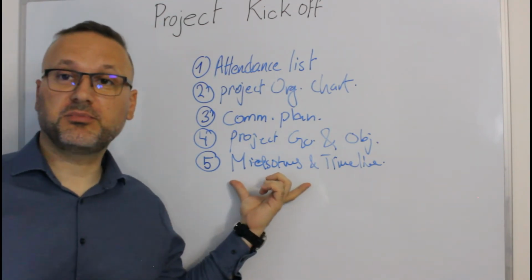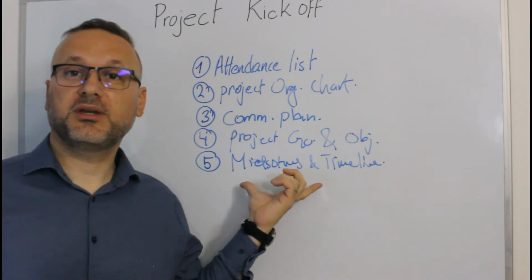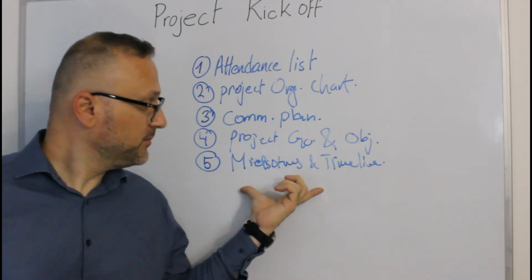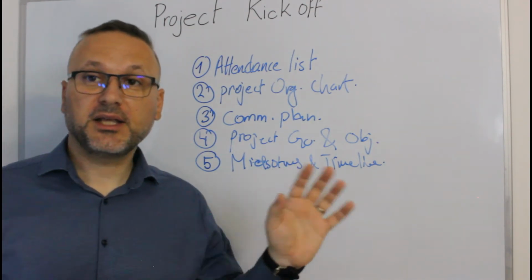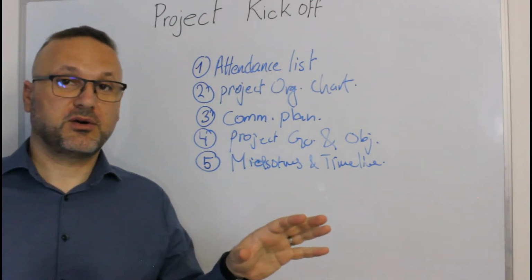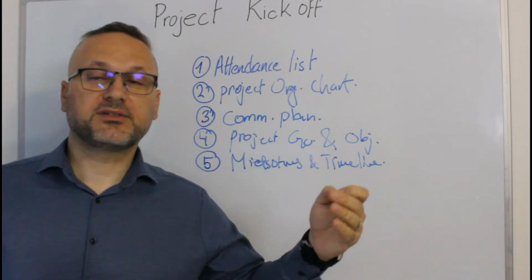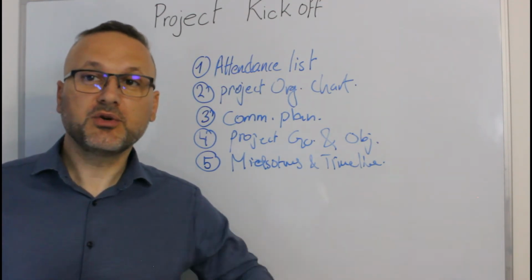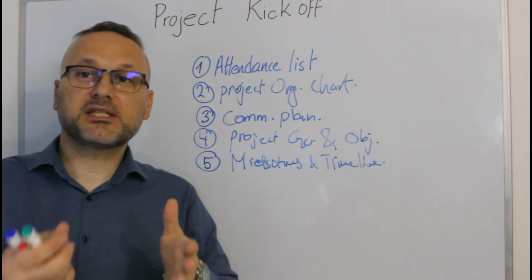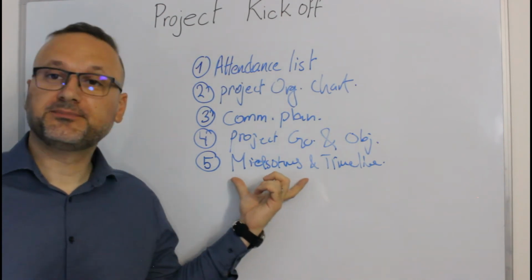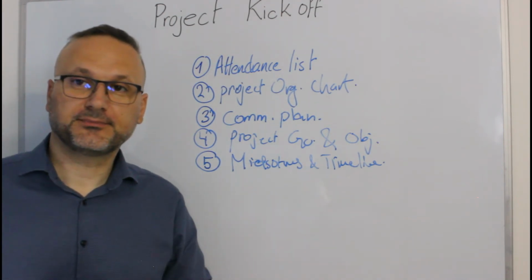The milestones could be the payment milestone, could be the deliverable milestone. So the milestone should be agreed. If the contract says that the milestone should be paid only after agreeing this type of document, you need to discuss the document during the project kickoff meeting.